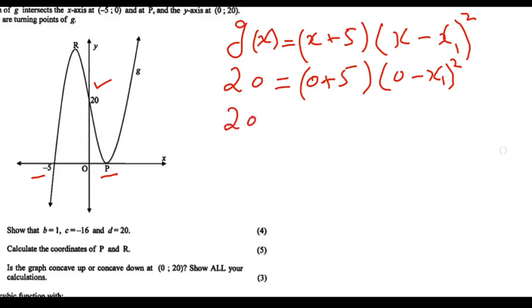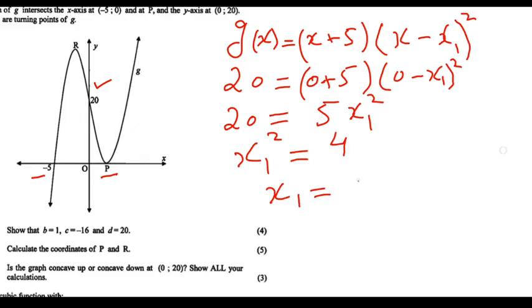Now I solve: this becomes 5 x1 squared. So we are left with this one. Therefore x1 squared is going to be, dividing both sides by 5, 4. So x1, I take the square root of 4, positive and negative.